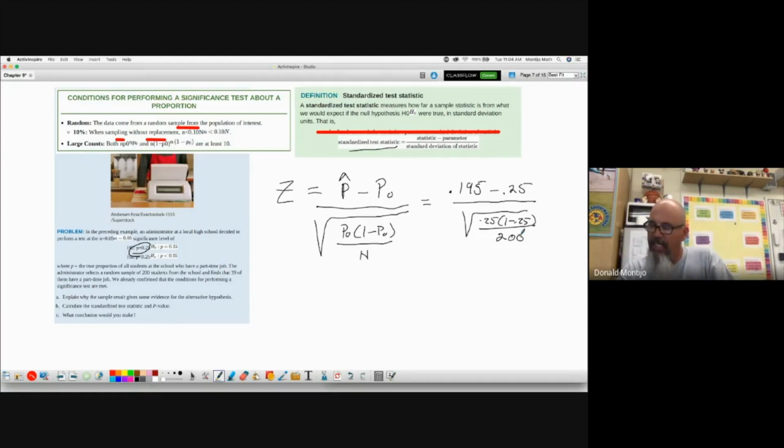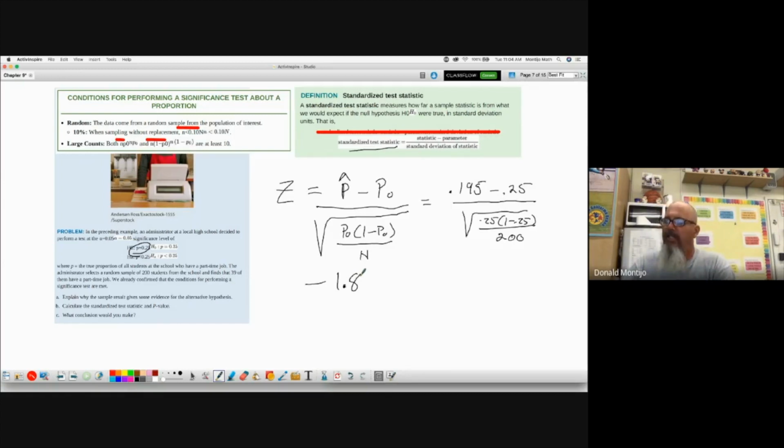So our z test statistic, our standardized test statistic, is negative 1.8. So assuming that 0.25 is the true answer, finding a sample of 0.195 or smaller out of a sample of size 200 would be 1.8 standard deviations below the mean.